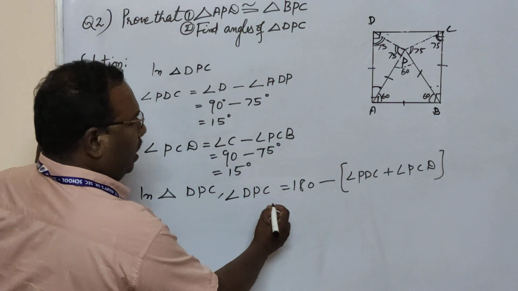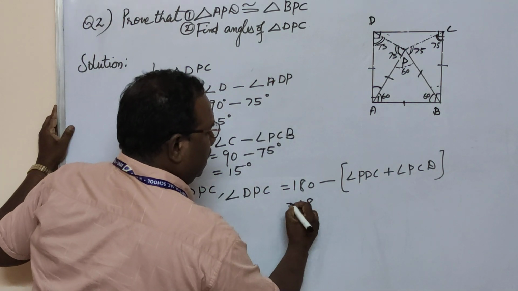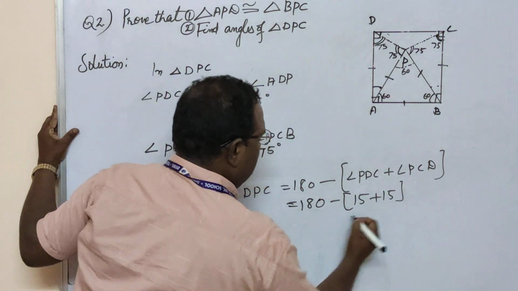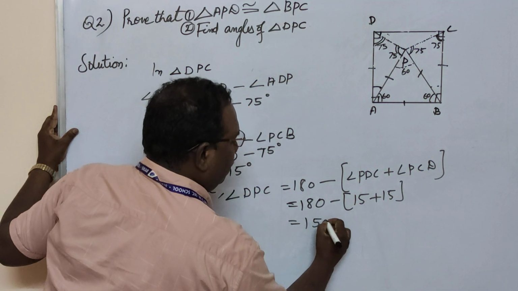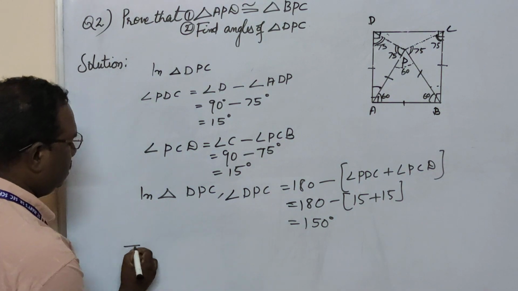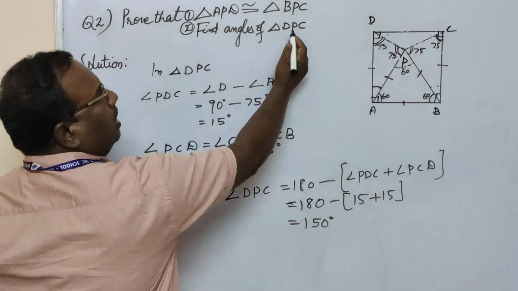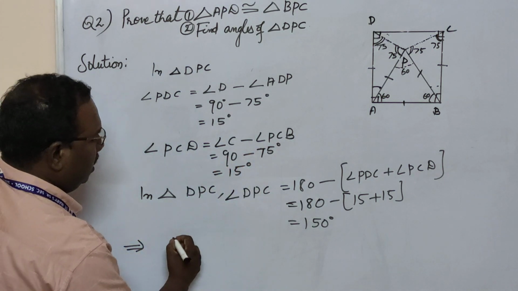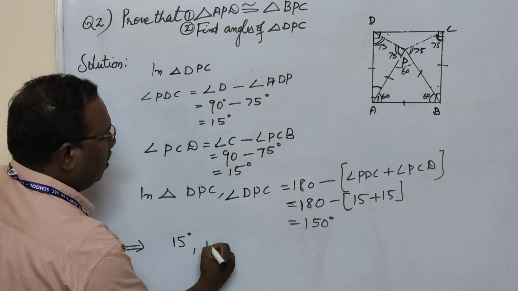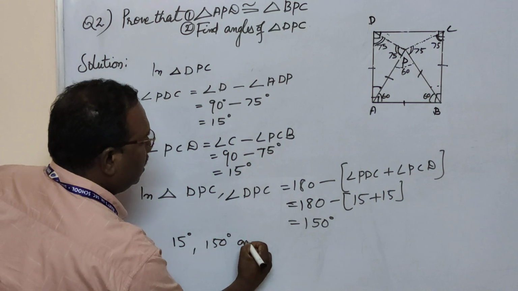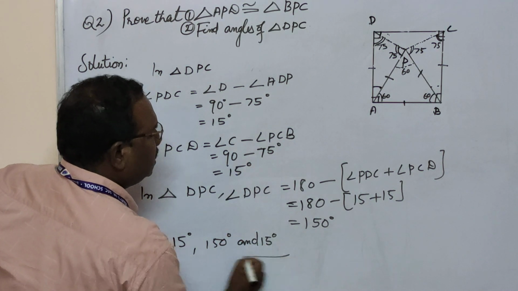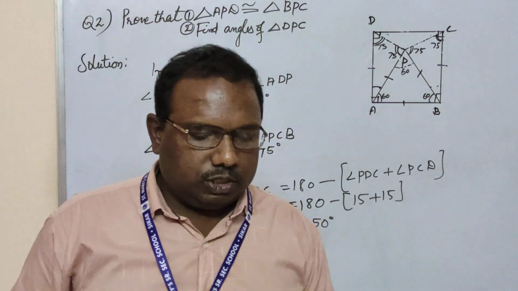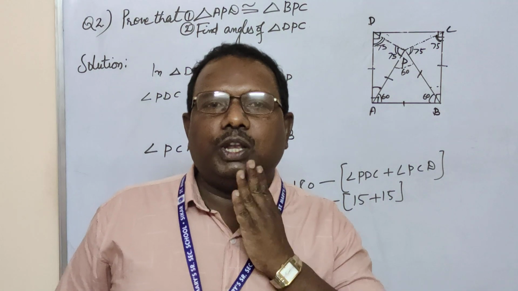Angle DPC equal to 180 minus 15 degree plus 15 degree, that is equal to 150 degree, which implies angles of triangle DPC are 15 degree, 150 degree and 15 degree. This is the answer of the second part. Dear students, let's conclude today. We will continue next day.